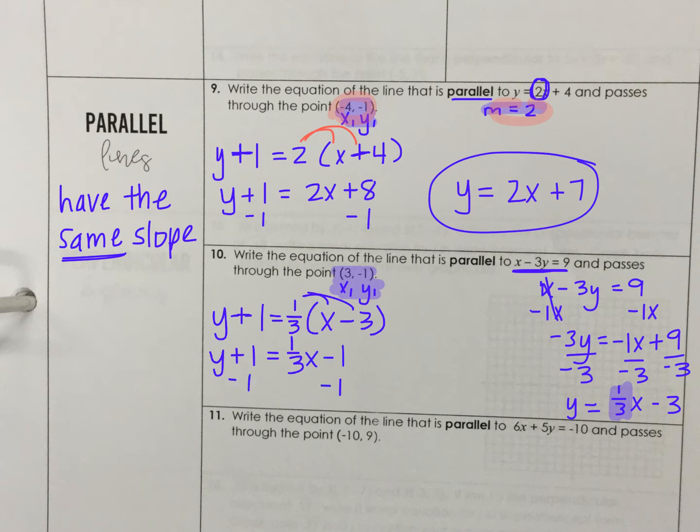I subtract 1. Y equals 1/3 x minus 2. And that's my answer. All right, I want you to take this, convert it into y equals mx plus b, and then take your slope and your x1 and y1 and write a new problem using the point slope formula.